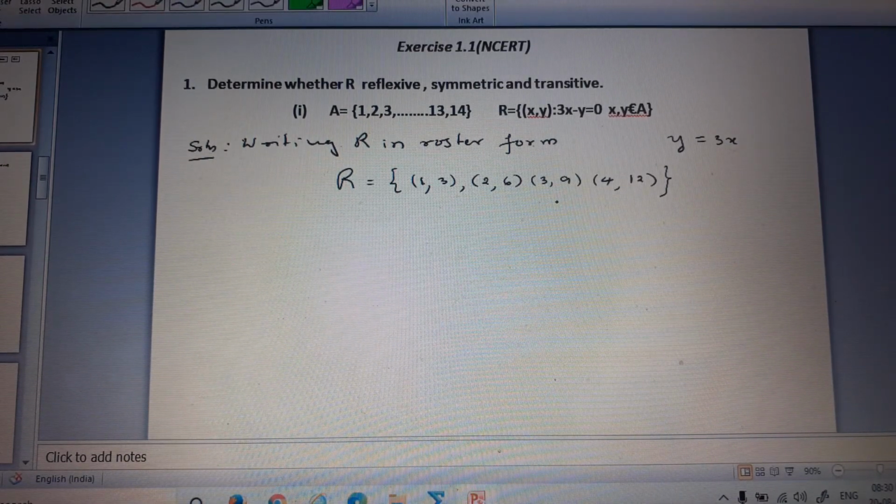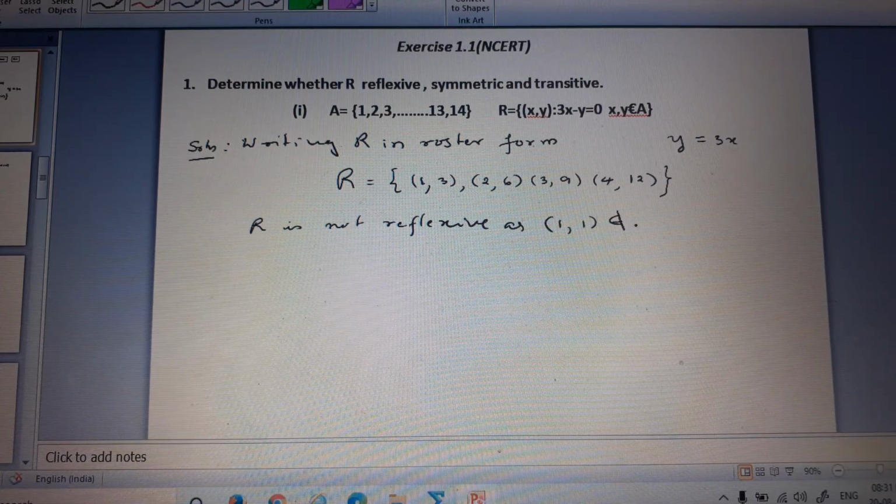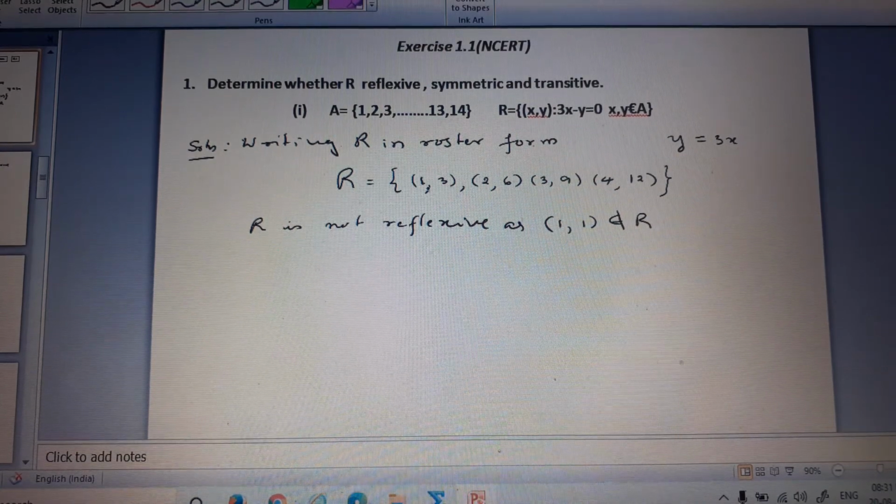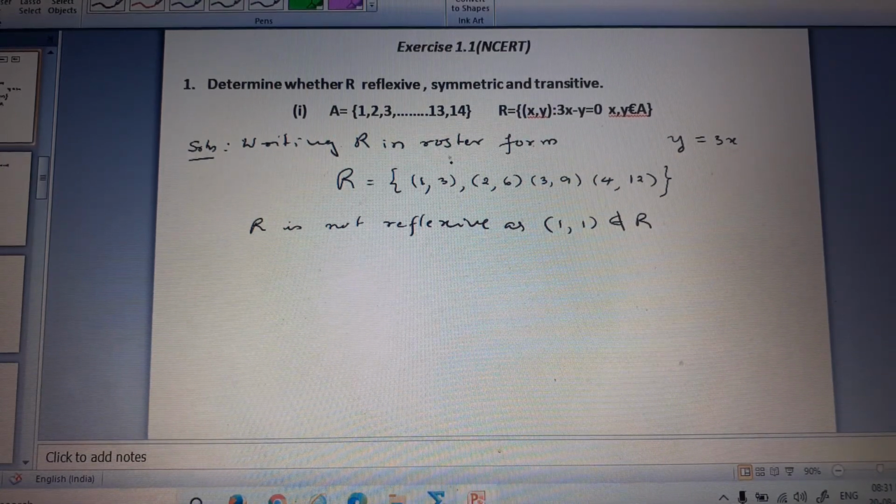Now we can very well see here, the question is whether it is reflexive. So R is not reflexive, as for example (1, 1) does not belong to R. This is sufficient. You need not write once again (2, 2), (3, 3), etc., because if any one element (1, 1), that is (x, x), is not in R, then it cannot be reflexive. Next, is it symmetric?